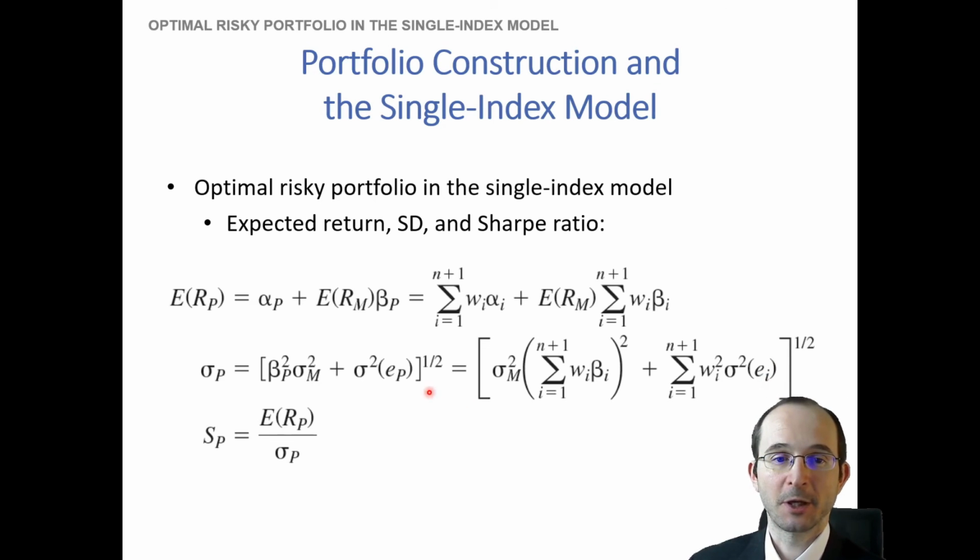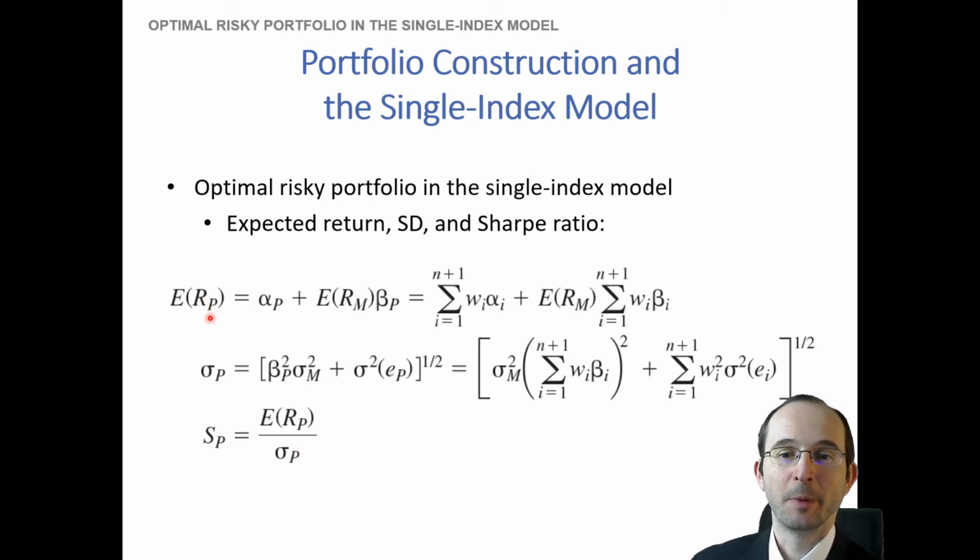And finally, then the Sharpe ratio of our portfolio is going to be just the ratio of these two terms that we have now defined: the expected return in the first equation, the standard deviation in the second equation.